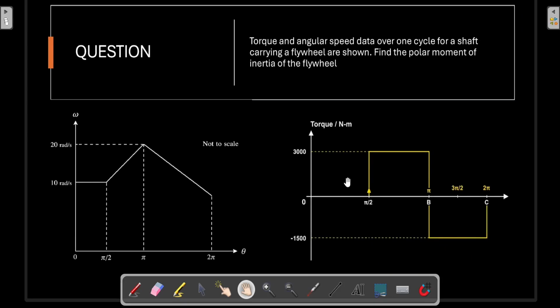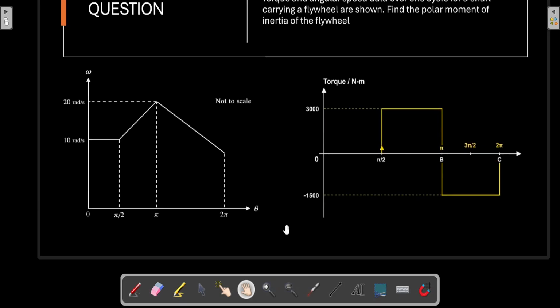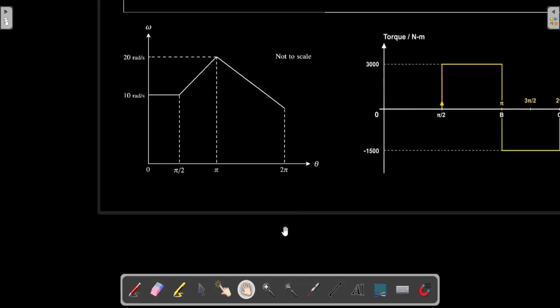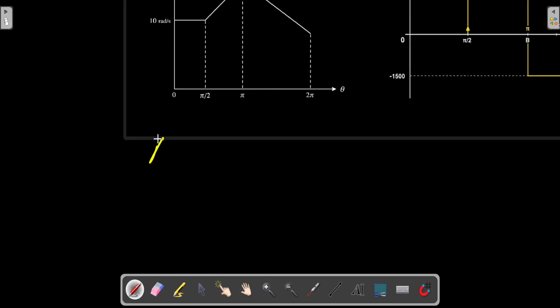What do we need to do? We just have to find the energy fluctuation and know how to link it with the polar moment of inertia. We weren't given the speed fluctuation, so we can use this particular formula.